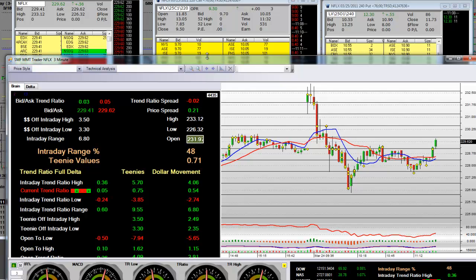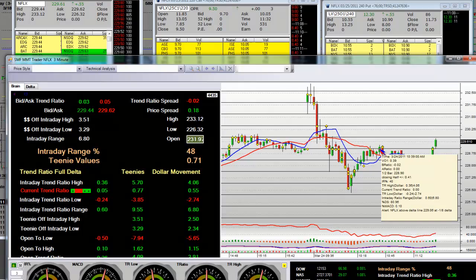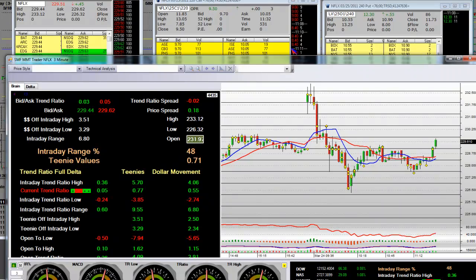But otherwise, following the brain, it was a very good trade. It was the right entries, the right exits, the right positions to be on both sides when the market's undecided which way to go, and then exit the put or the call when it runs against you. So it was a good trade.